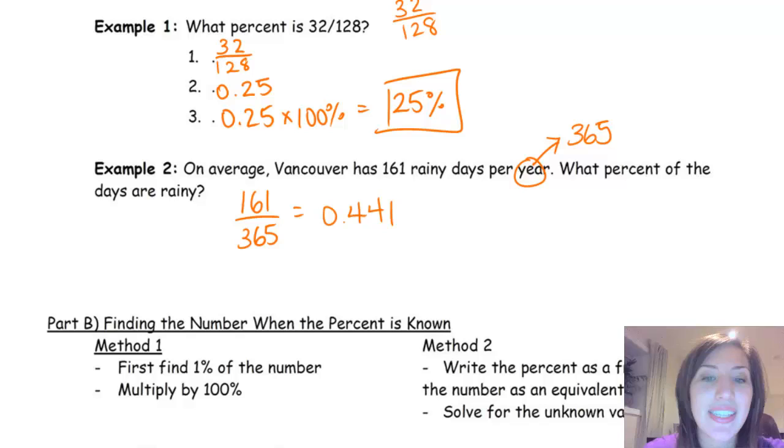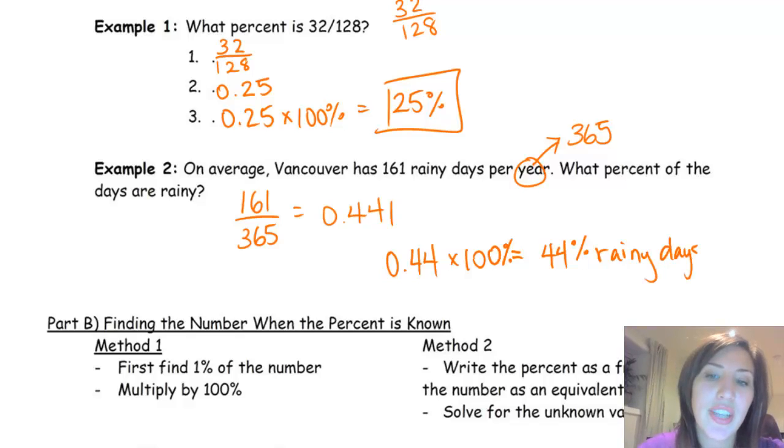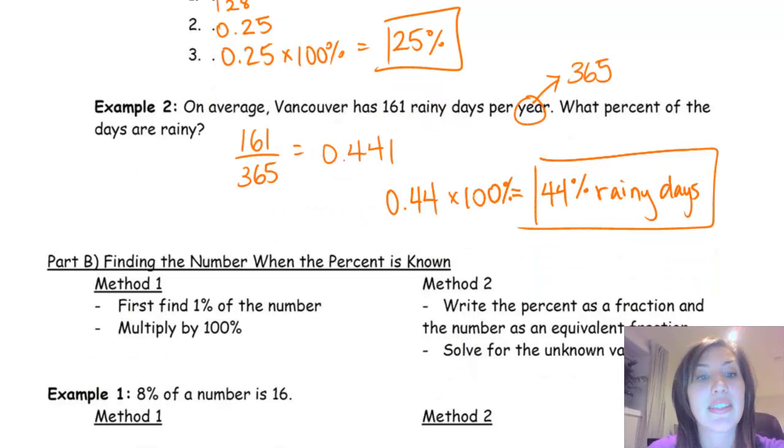Now let's times this number by 100% to get our percentage, 44%. So 44% of the days are rainy, which can be a little bit sad, but it also makes the grass green, so that's always nice.